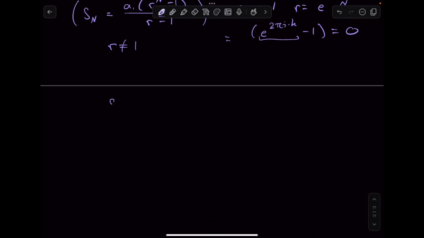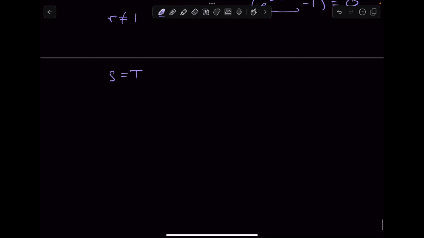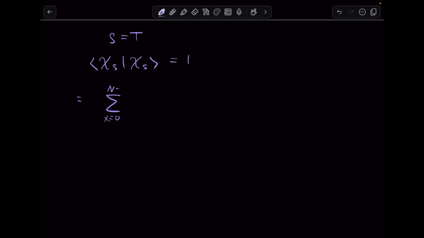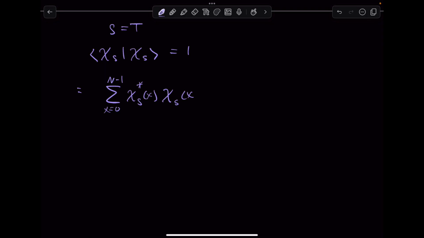So now for the second thing, for s is equal to t, we want to compute this value, chi of s on chi of s. And here we annoyingly have to remember the normalization constants because we want to show this thing is equal to 1. So what is this thing going to be? Well, it's going to be a sum from x equals 0 to n minus 1 of chi of s of x conjugate, or just conjugate because it's a complex number, times chi of s of x.